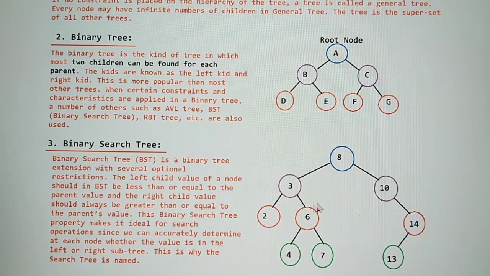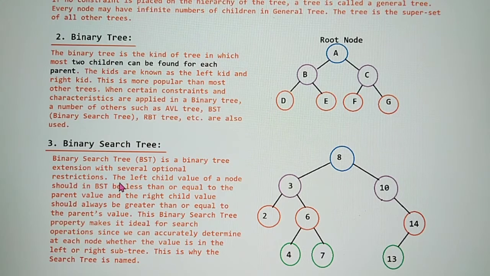You can see the difference here: 3 and 10 are not random values. They are created intentionally, because a binary search tree has a rule that all of the right subtree has greater values and the left subtree has lesser values. You can see that 10 is a bigger value than 3.